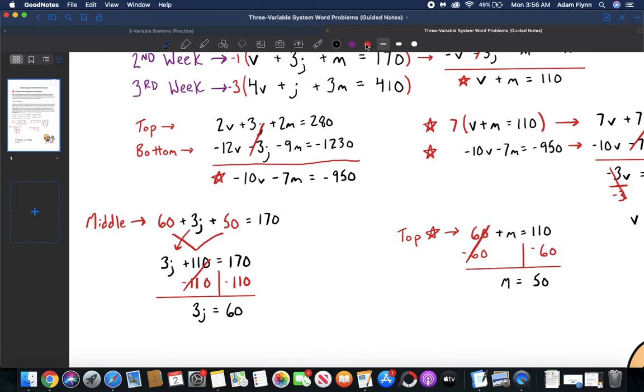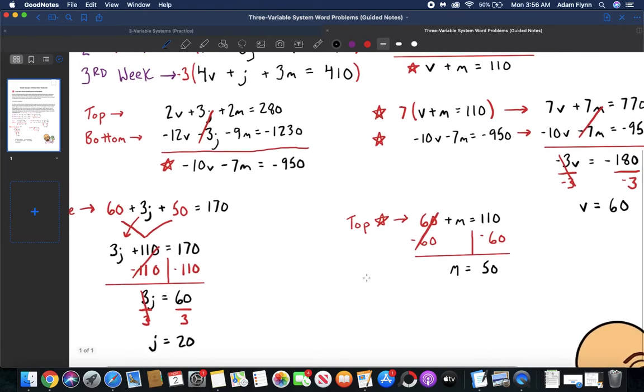I can divide both sides by 3. When I do that, 3's cancel on the left, and I am left with j equals 60 divided by 3, which is going to be 20. Okay, so at this point I've solved for all 3 variables.